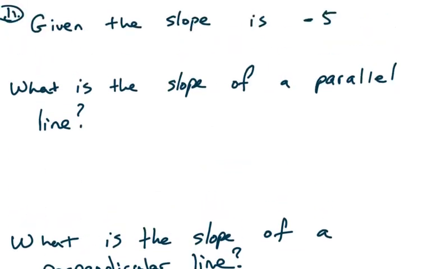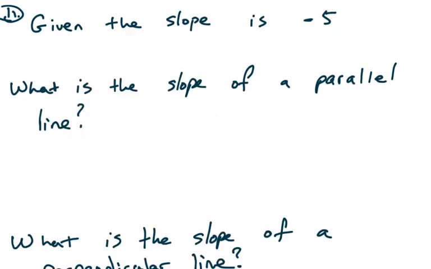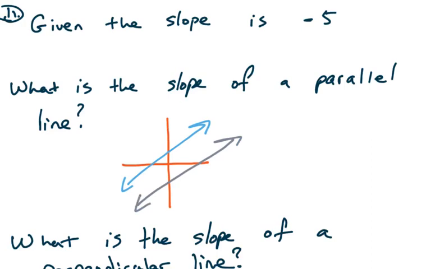All right, so the next question is, given the slope is a negative line, what is the slope of a parallel line? Okay, so first off, we have to talk about what parallel lines mean. Okay, lines are parallel. Hopefully my drawing is accurate enough for you.